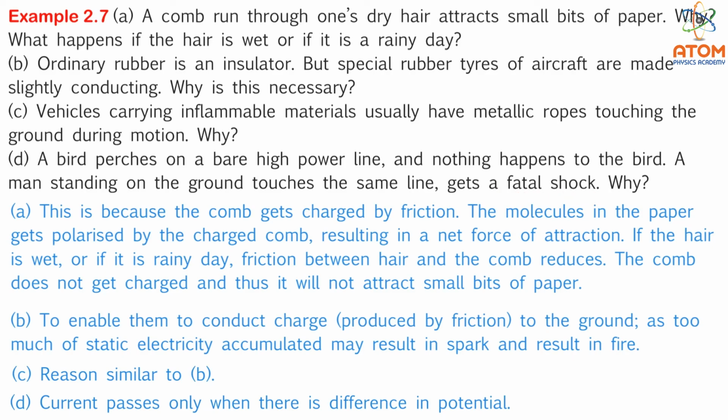So it is not harmful if you have charge on you, but it is very much harmful if charge passes through you. Means if current passes through our body, that creates a fatal shock. That is what is harmful. I repeat, the charge on a body is not harmful, but a passage of charge through the body is harmful.